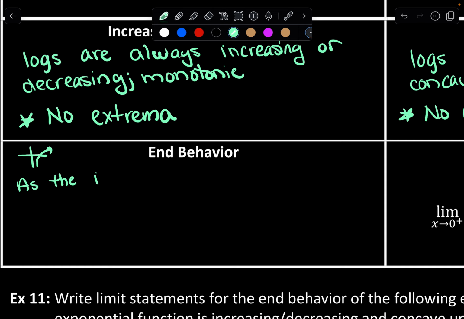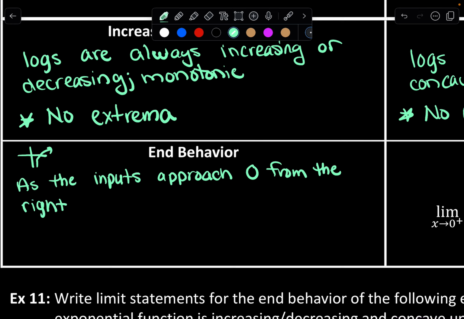So as the input values approach 0 from the right, the output values decrease without bound.